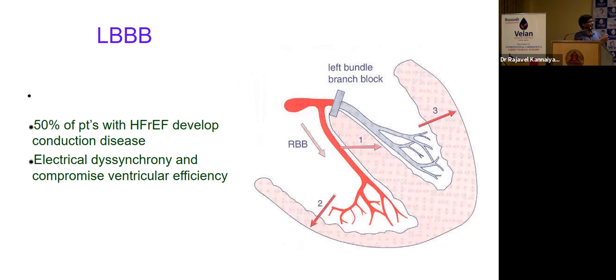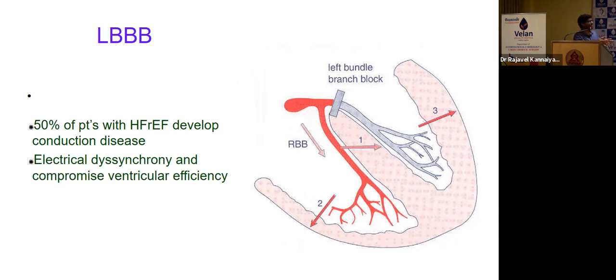Both opposing walls should come together so that pressure builds up, opens the aortic valve and gives a good ejection. Whenever there is dyssynchrony, one wall moves inward while the other, because of the build-up pressure, moves away. When there is a delay and they are not in sync, there won't be effective pumping. So in LBBB, because of the dyssynchrony between the septal and posterior wall, the pumping is always decreased.